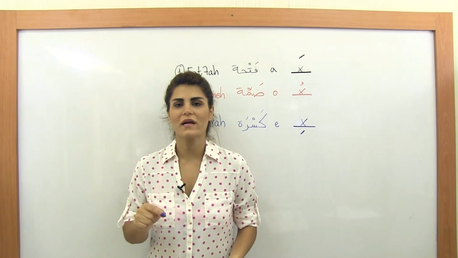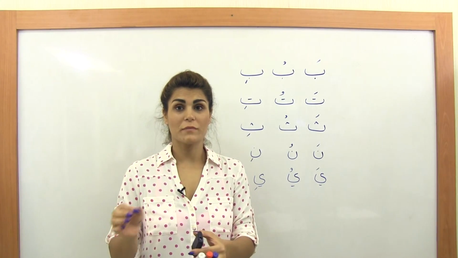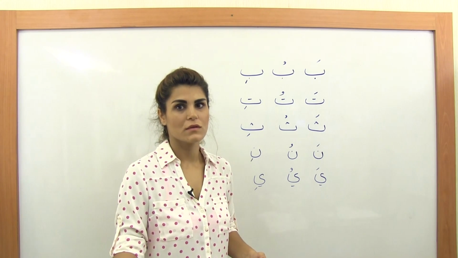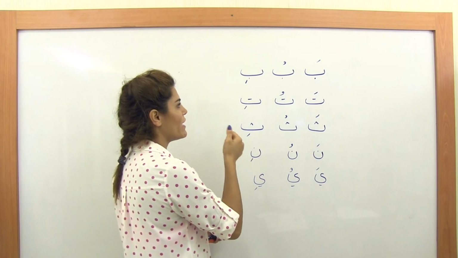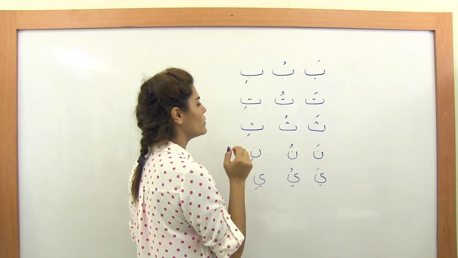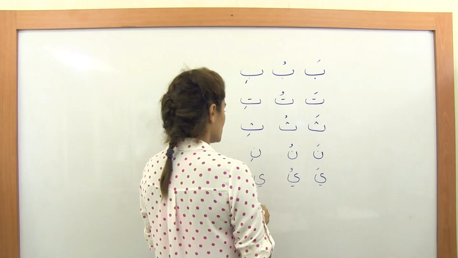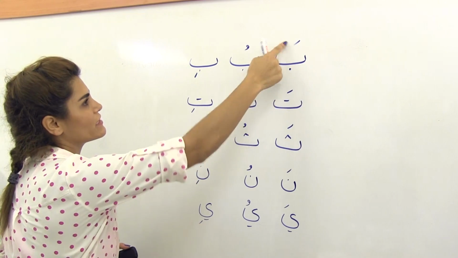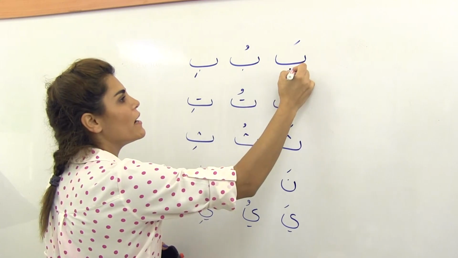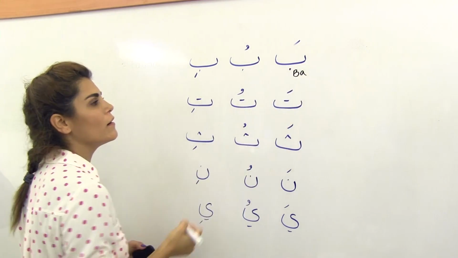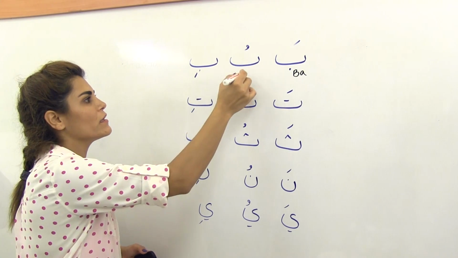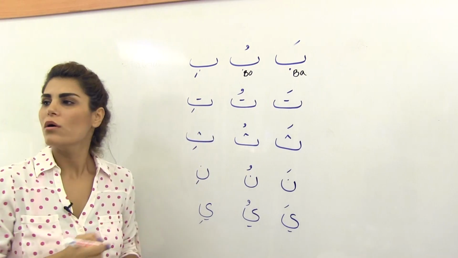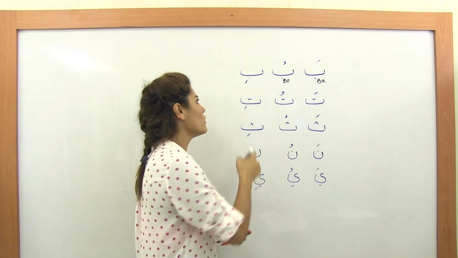And now we are going to practice a little bit, pronouncing the vowels with the letters that we have learned. The first family we learned is ba, ta, tha, nun, and ya. If we say ba with fatha, it's ba. Ba with damma is bo.